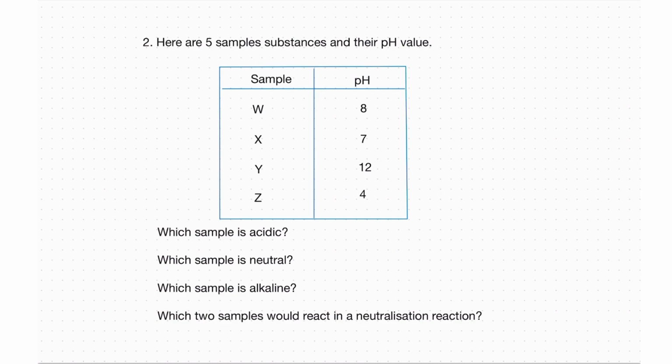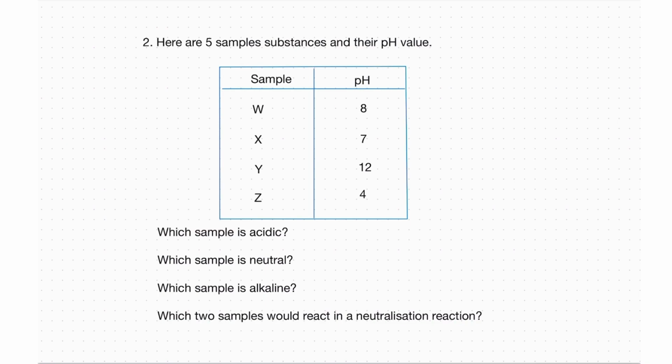Second up, we've got some samples of miscellaneous substances. It says here sample W, X, Y and Z, and it gives the pH value. Sometimes it might be pH 8.5 or 7.5, but these are whole numbers today. So which sample is acidic? They're expecting you to recall the pH scale, and hopefully you remember that the lower the value on the pH scale, the more acidic.